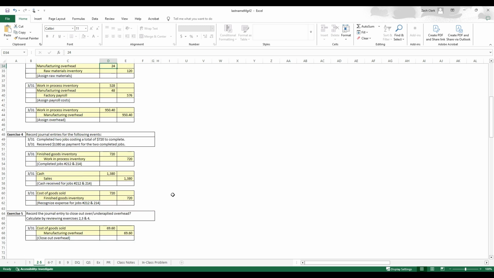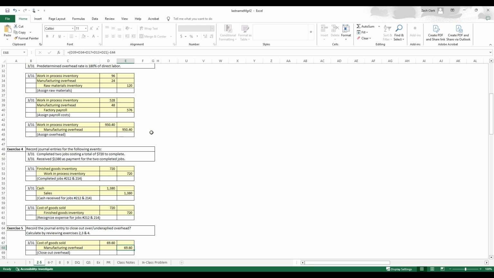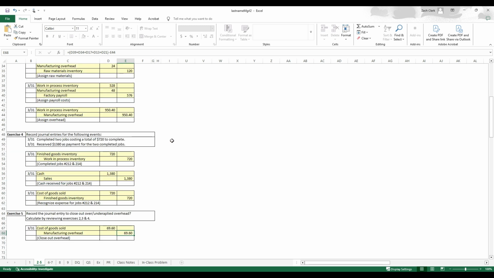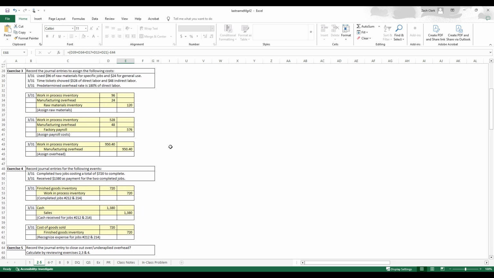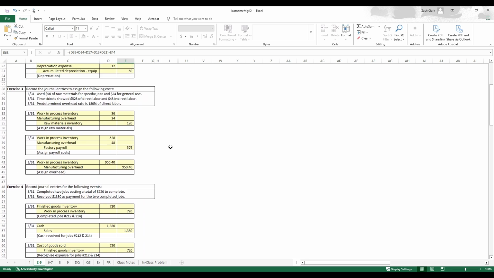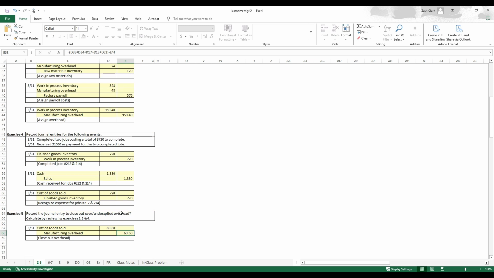So then we have to get to the end of our whole process and say, how close was our guess? And it was this close. We allocated out $950.40, and we actually incurred, whatever it was, 1,000.